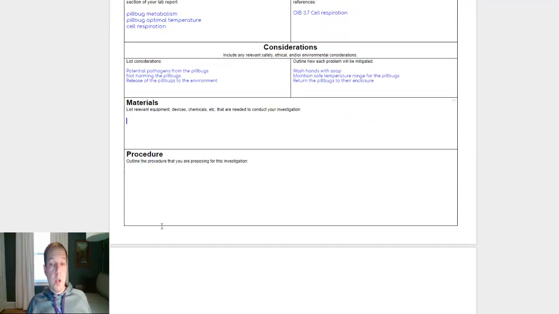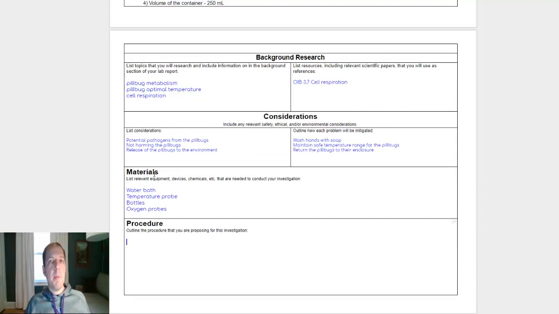Okay, in these sections, I'm going to list relevant materials, so particularly materials that are important for me to be able to set up my investigation. The most important thing in this is not necessarily what is written on this page, but that you have really very carefully thought through the investigation from beginning to end.